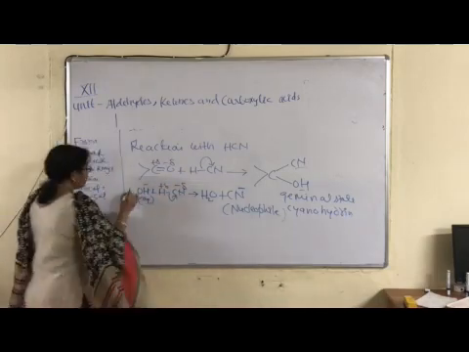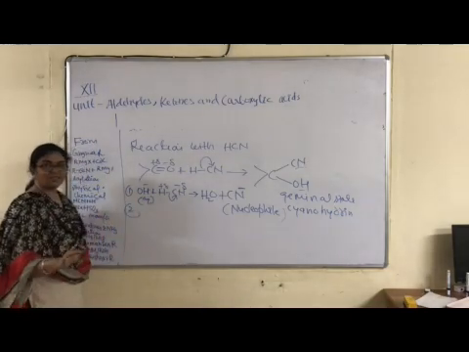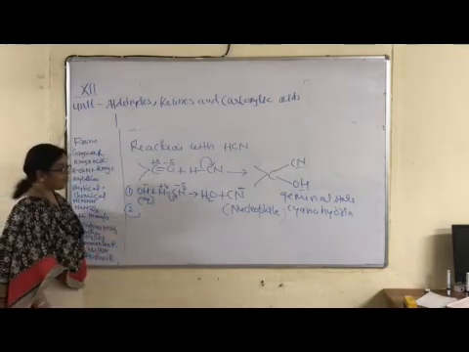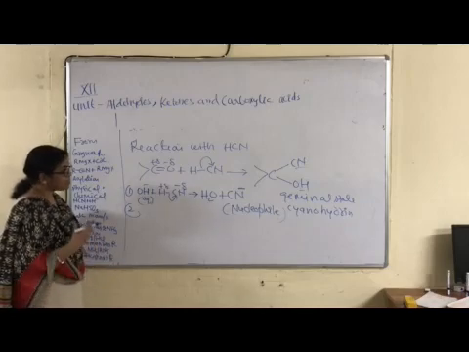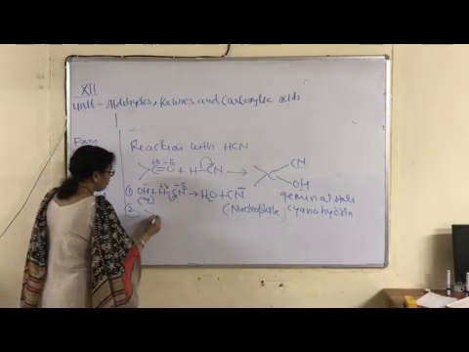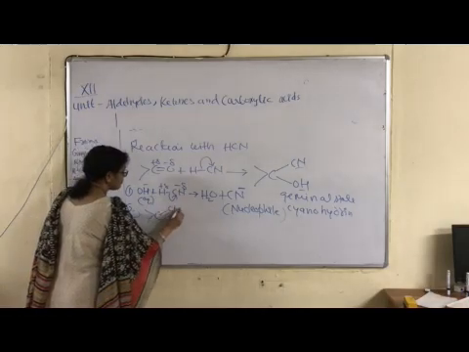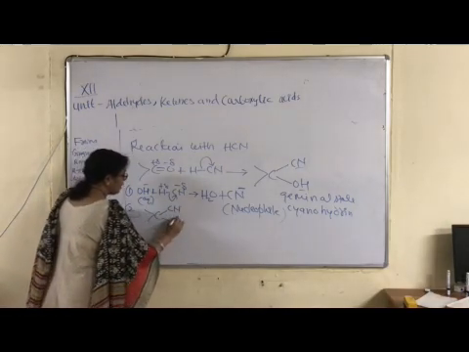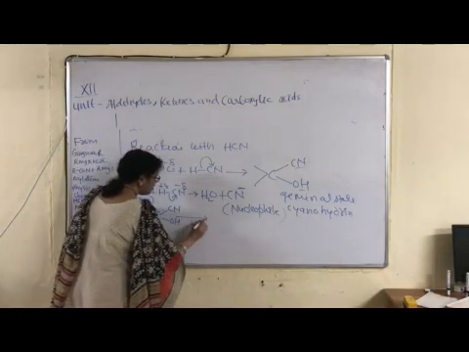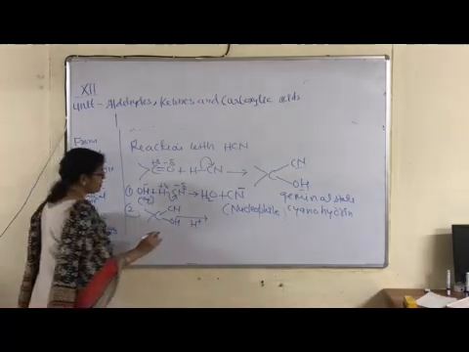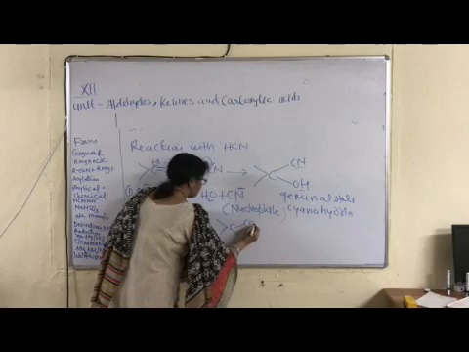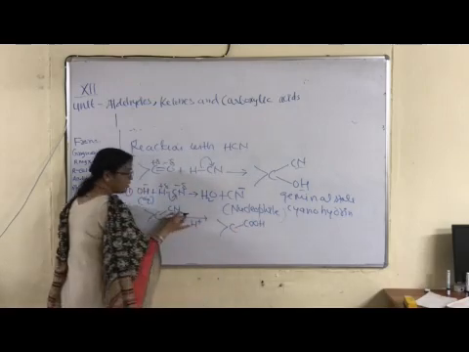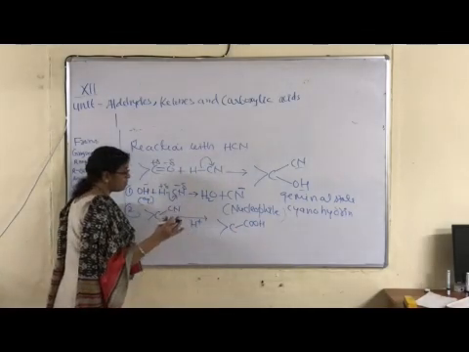Now children, a second possible question based on the same reaction: what is the industrial application of cyanohydrin? Cyanohydrin on acidic hydrolysis gives carboxylic acid. Right? Nitrogen forms a byproduct as ammonia.